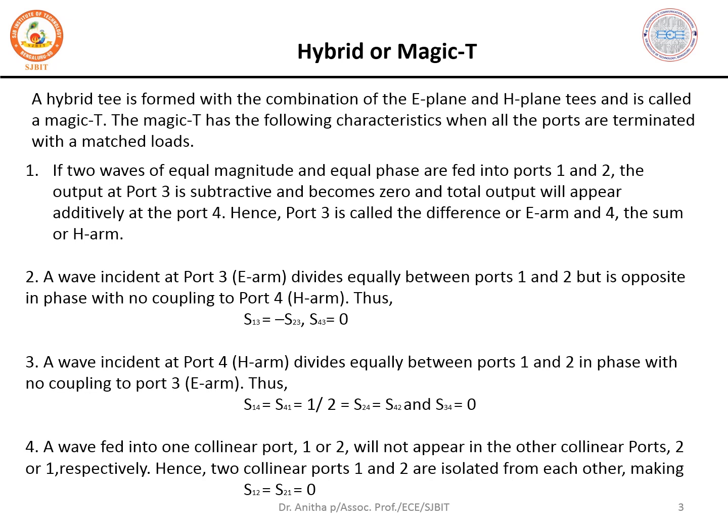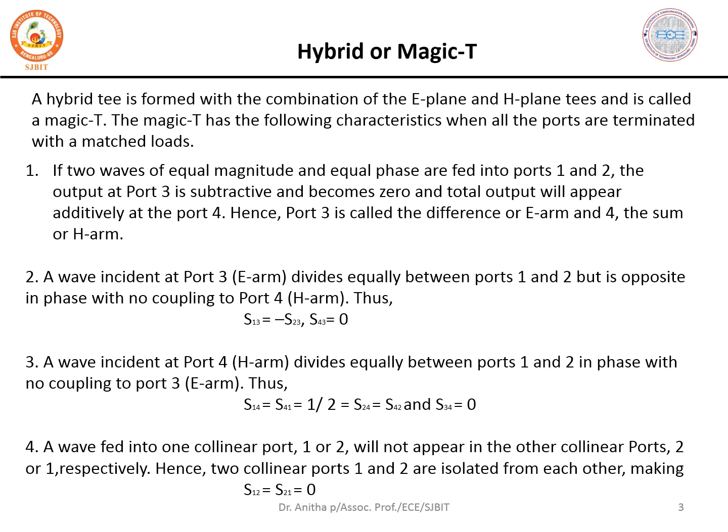Then if a wave is incident at port 3, let us consider I have given an input there. That will get divided equally into port 1 and 2, but opposite in phase. And there is no coupling to port 4, that is the H arm. This will be represented in S parameters as follows.